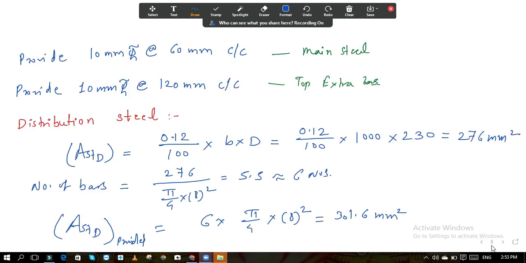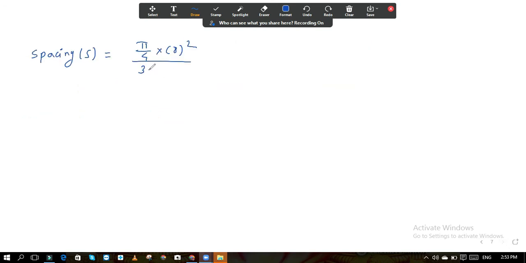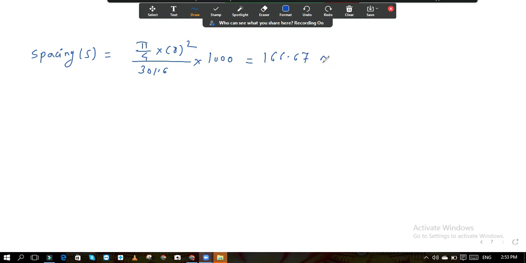Now calculate the spacing. Area of single bar divided by 301.6, AST provided, into width. 166.67, which is nearly equal to 165 mm center to center.